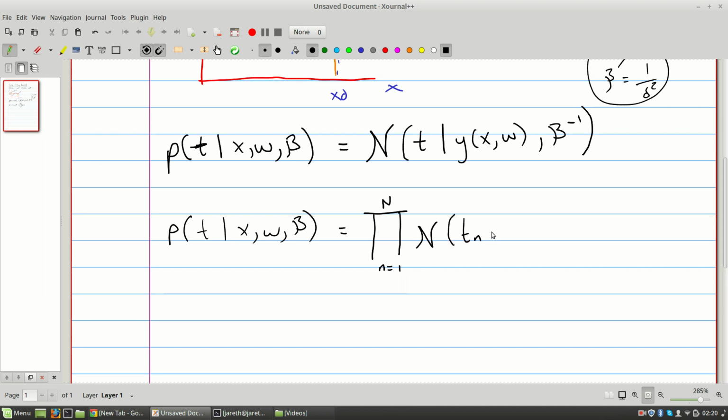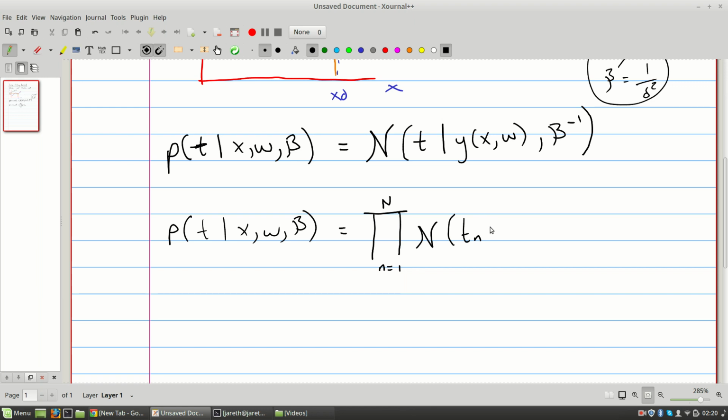So now we're assuming that our data set is independent and identically distributed, what we talked about before, the IID assumption. If we have an IID assumption, then we can just multiply the probabilities.